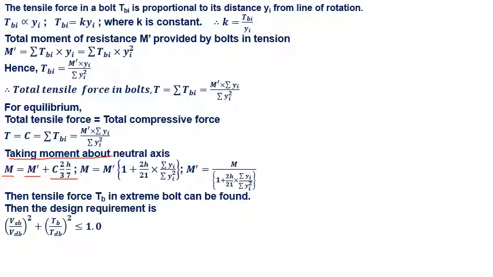From this equation, we have to calculate the moment carried by the tensile zone, and then we have to calculate the tensile force TB in the extreme bolt, and after that we have to apply the formula for checking the design requirement.